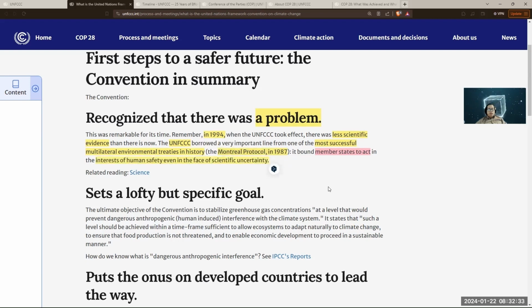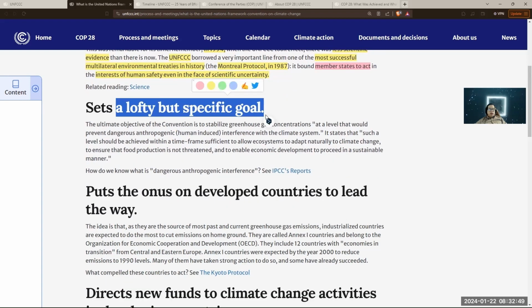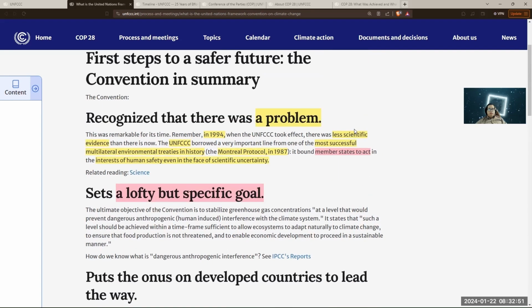That means even if we don't have 1000% certainty that it's scientifically right, we're still urging some action. Second, we set up lofty, specific goals, which is really important.